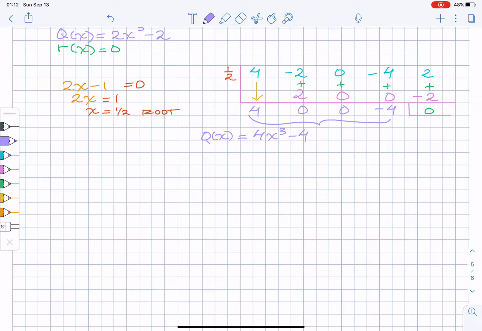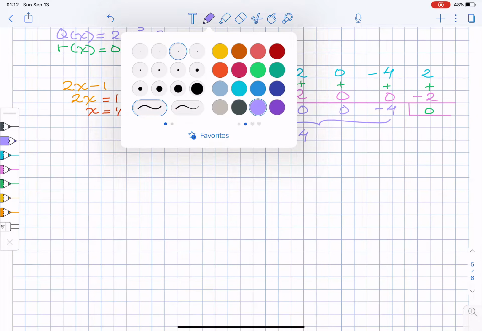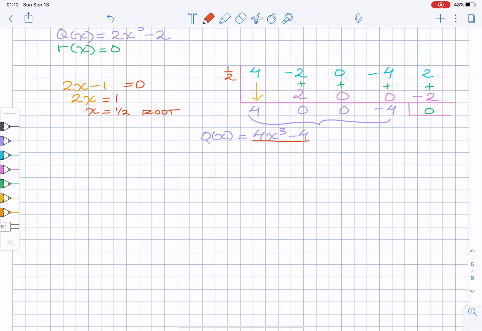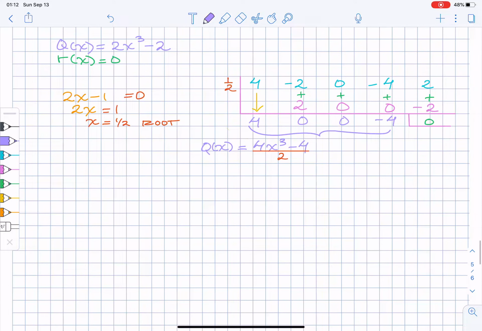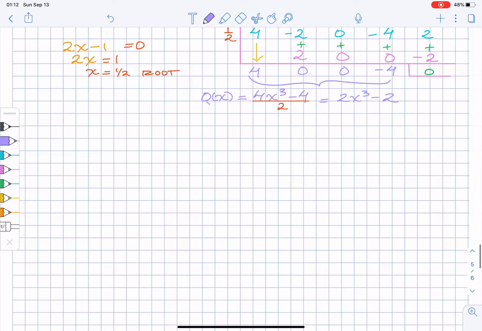But what I need to do is I need to take that 1/2 and multiply by 1/2 or divide by 2. So therefore my quotient will indeed be 2x cubed minus 2. So that's one way of attacking it.